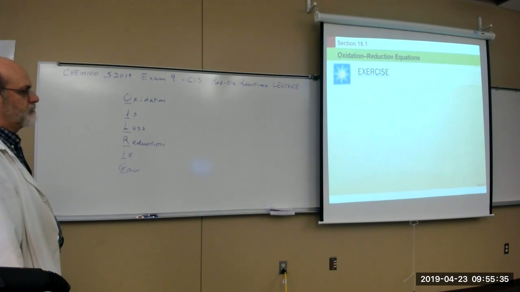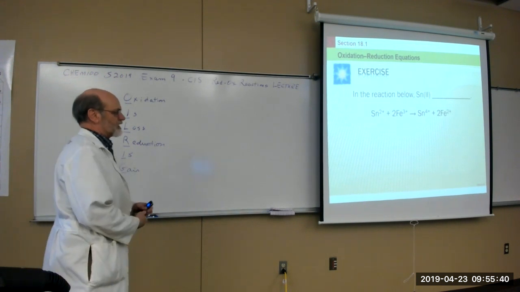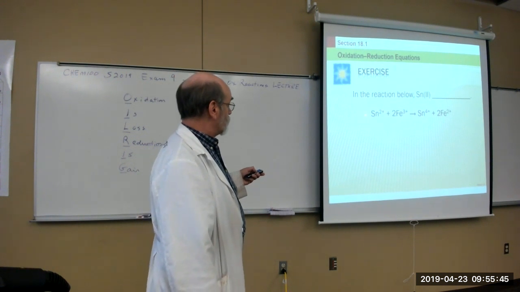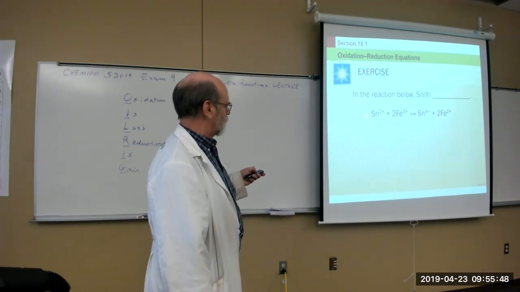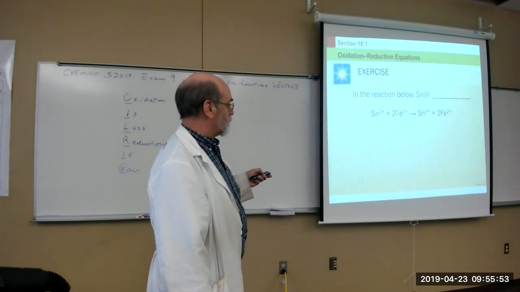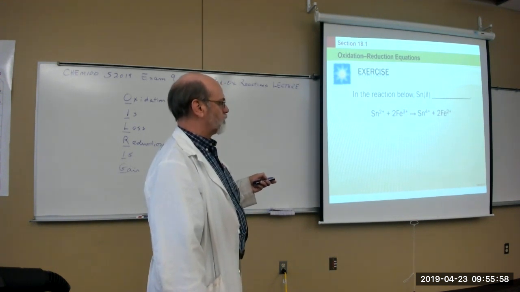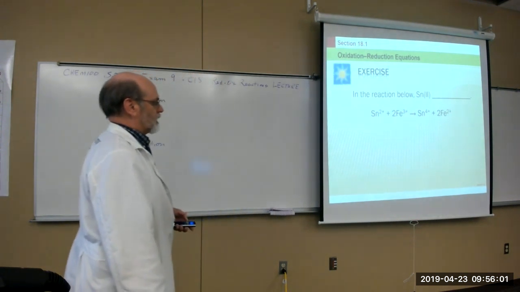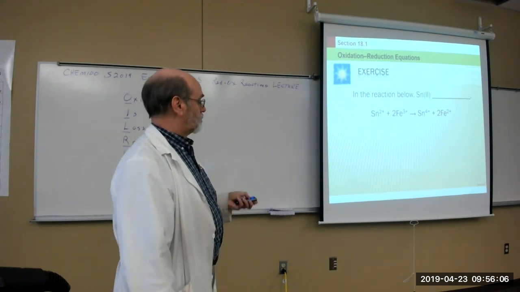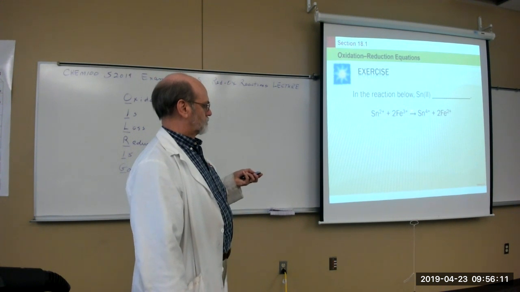Okay. So let's take this reaction as an example. We have Sn 2+ ions reacting with iron 3+ ions, and the products are Sn 4+ ions and iron 2+ ions. Now, of course, you know from earlier in the semester, these charges don't balance, right?